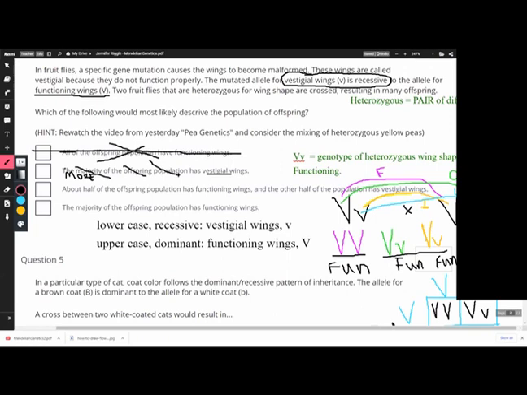Nope, let's get rid of that one. Is it about half? Is it 50-50, 2-2? Nope, it is not about half. It's more than that. There is a clear majority. So it is the majority. Let's make it a check mark. Keep consistent.